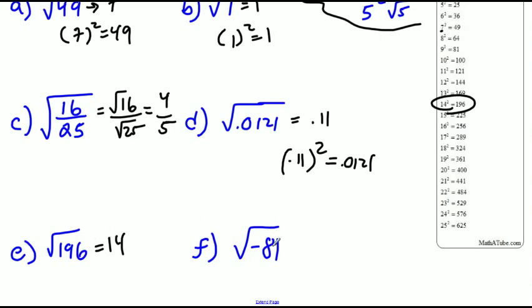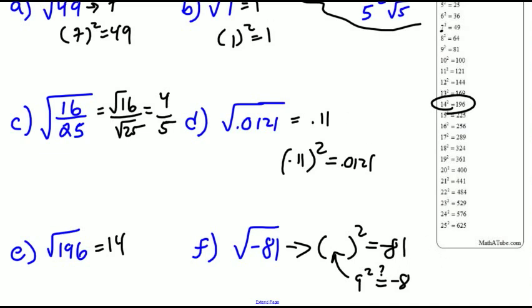Now, the square root of negative 81. Let's just check this out to see if this makes mathematical sense. This right here means what squared is negative 81, right? I taught you what this means. So what number can I plop into here that's going to give me a negative 81? Well, if I think it's 9, is 9 squared negative 81?